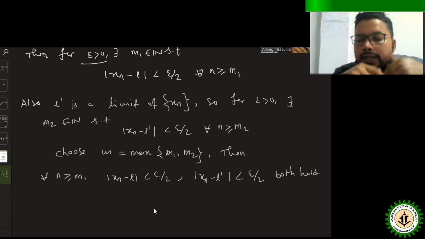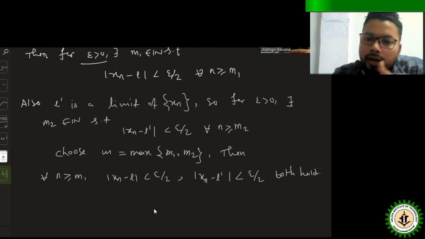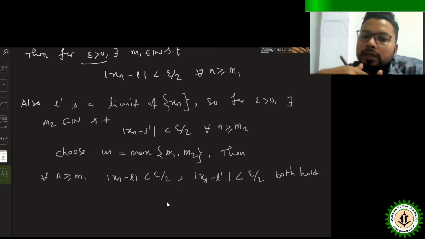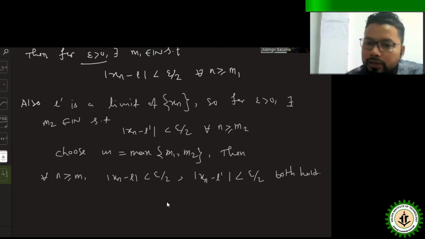If I want the age group who will play both, I have to take the maximum of bigger than 10 and bigger than 20. That means bigger than 20 plays both. That is why here also we choose m as the maximum of m1 and m2. Then this can hold.